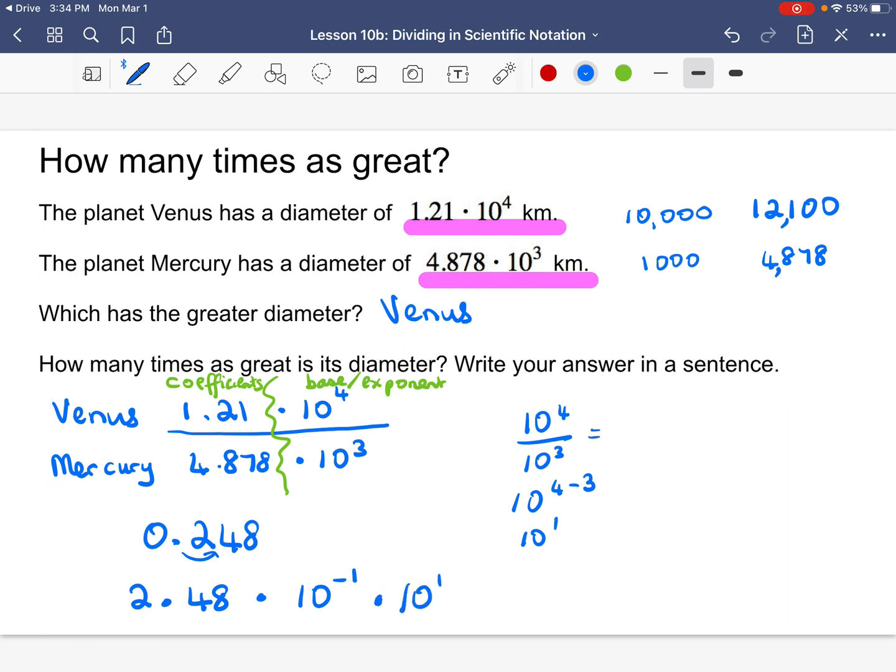So 10 to the power of 1 times 10 to the power of negative 1 is 10 to the power of 0, because 1 and negative 1 is 0. So I'm left with 2.48 times 10 to the power of 0, which is 1. So how many times greater? It is 2.48 times greater.